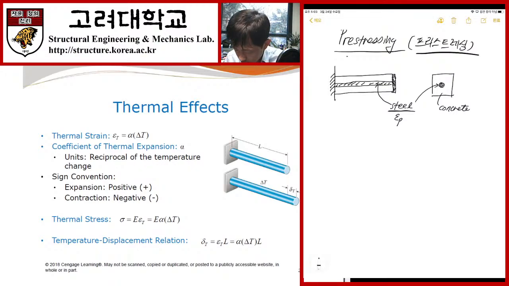For instance, let's say the length of this member is 10 meters, 10,000 millimeters, but I prepared the length of steel to be only 9,900 millimeters.